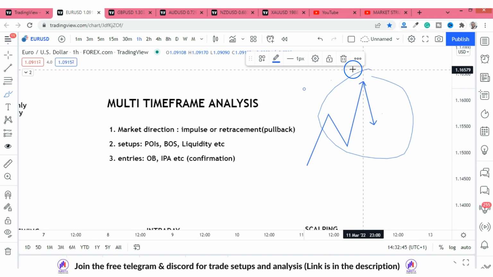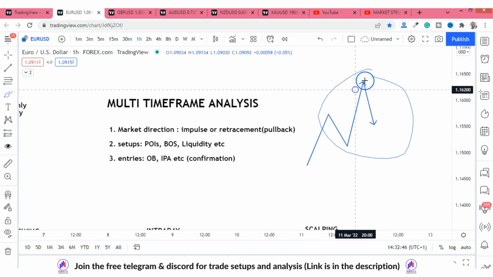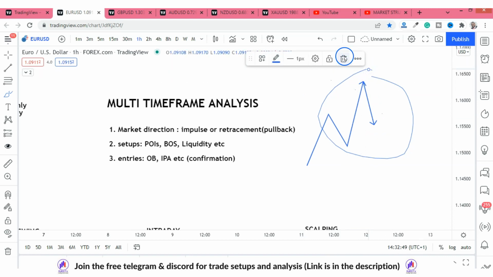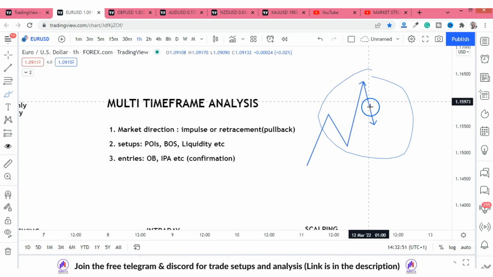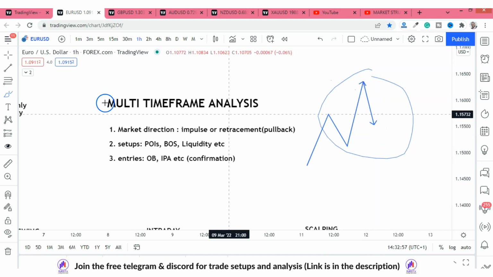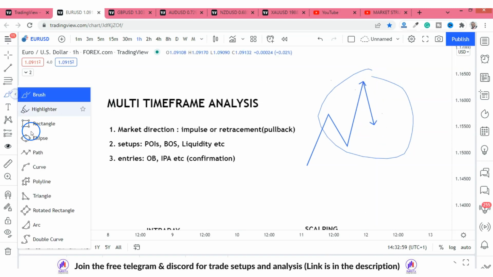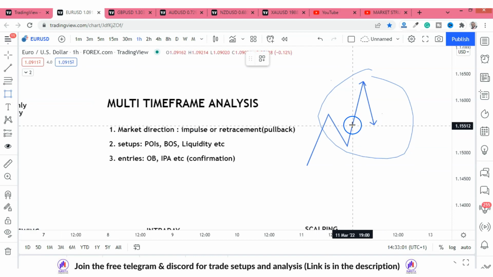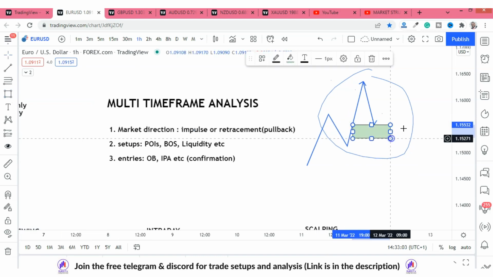A retracement simply means you are expecting price to trade lower. So your direction in that instance is bearish, up until maybe you identify a kind of order block here.